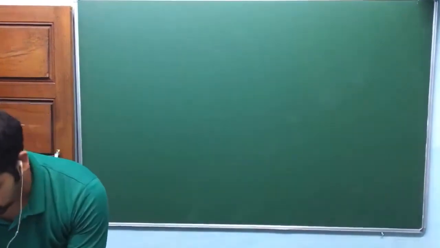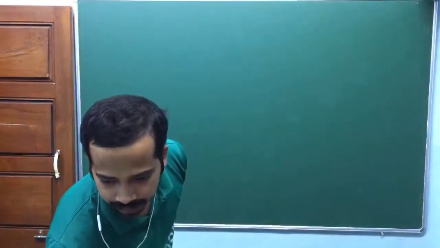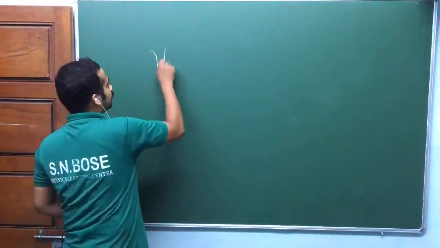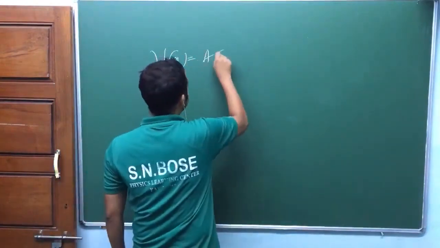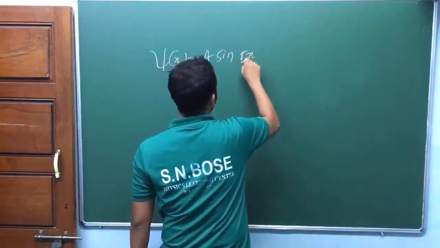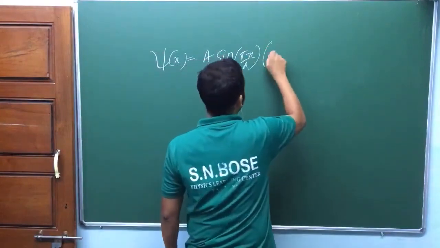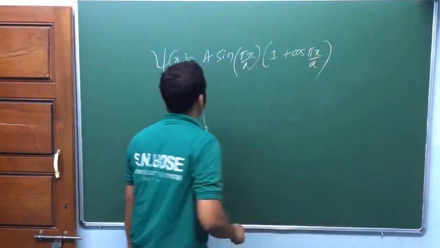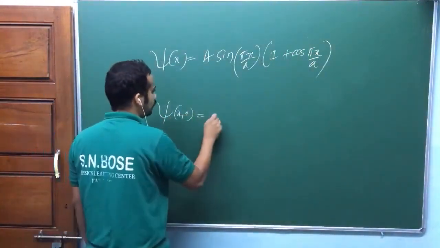Now, one more problem. Look at here, the problem that I was showing. Psi of x is given like this, or in the case of Griffiths, he has given it like that.